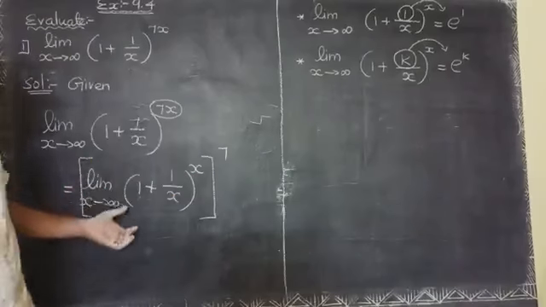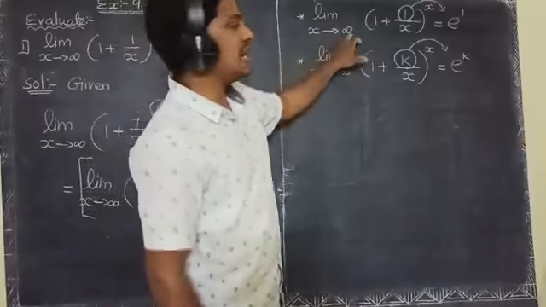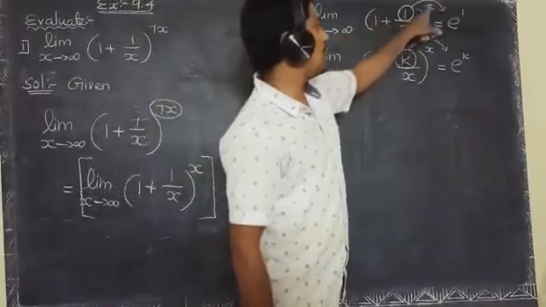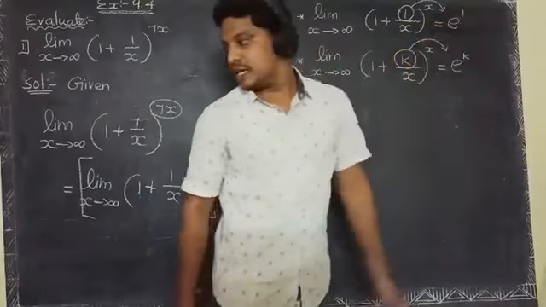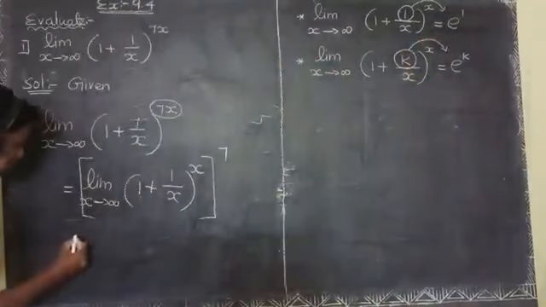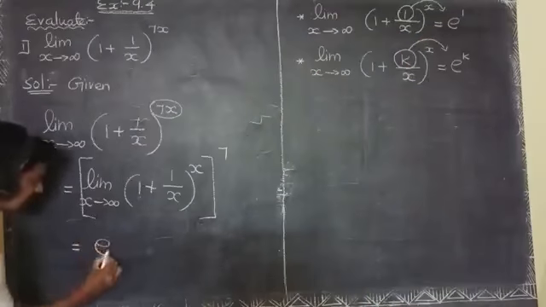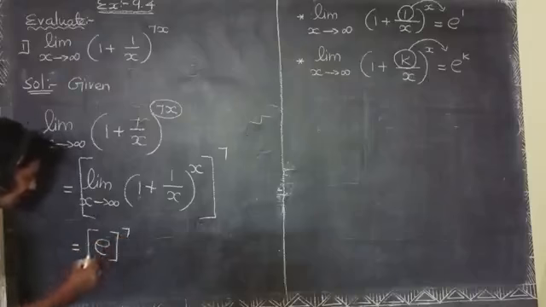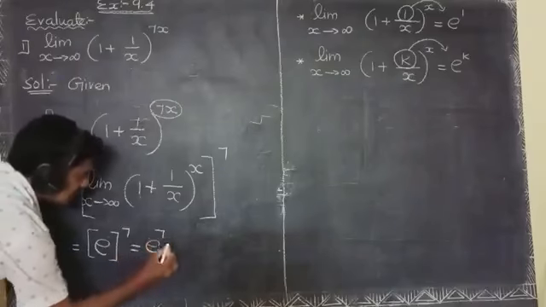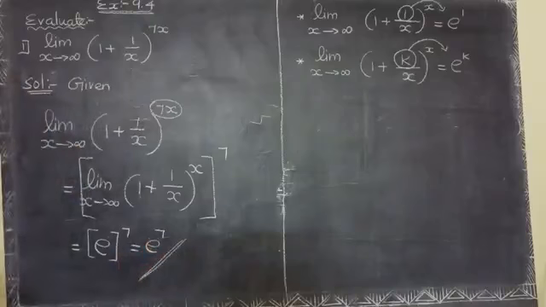We know the result limit x approaches infinity of 1 plus 1 by x whole power x is equal to e. Using this result, e whole power 7 is equal to e power 7.